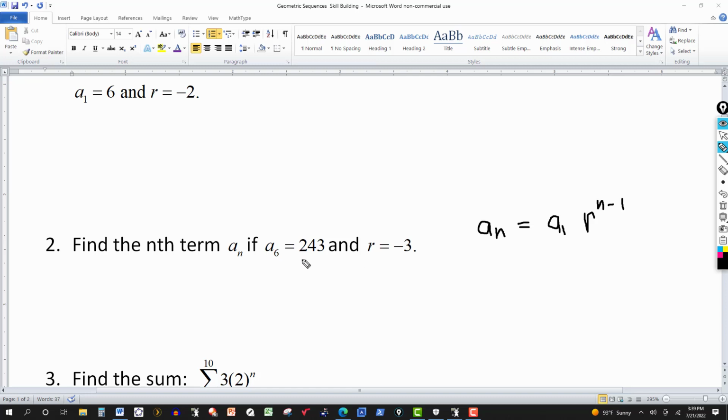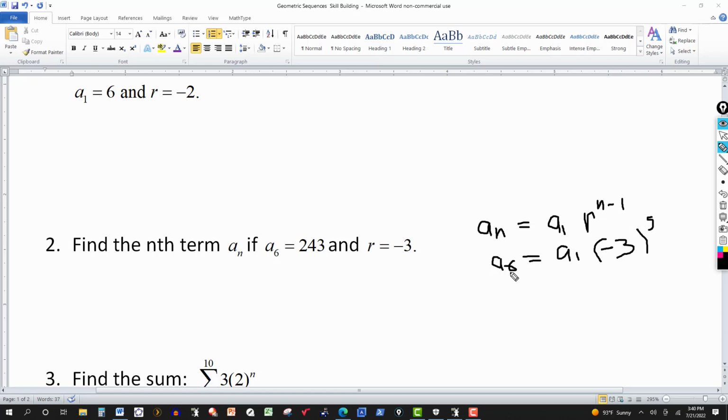Here we know the sixth term. We don't know the first term. So a sub 6 is equal to a1 times the common ratio -3, and I put a 6 where the n is, so that'll be 5.